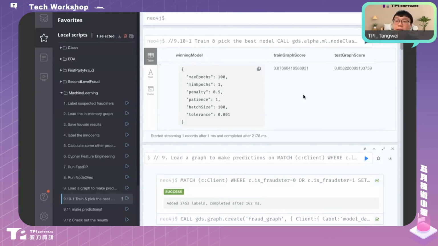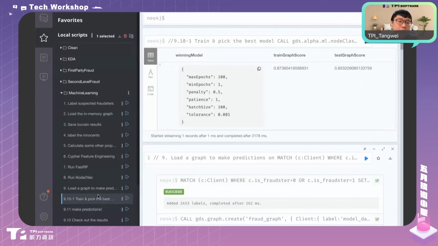I think this is a fairly good result for our model, but you can tune some hyperparameters to make this accuracy higher. So here, we train and pick the best model.